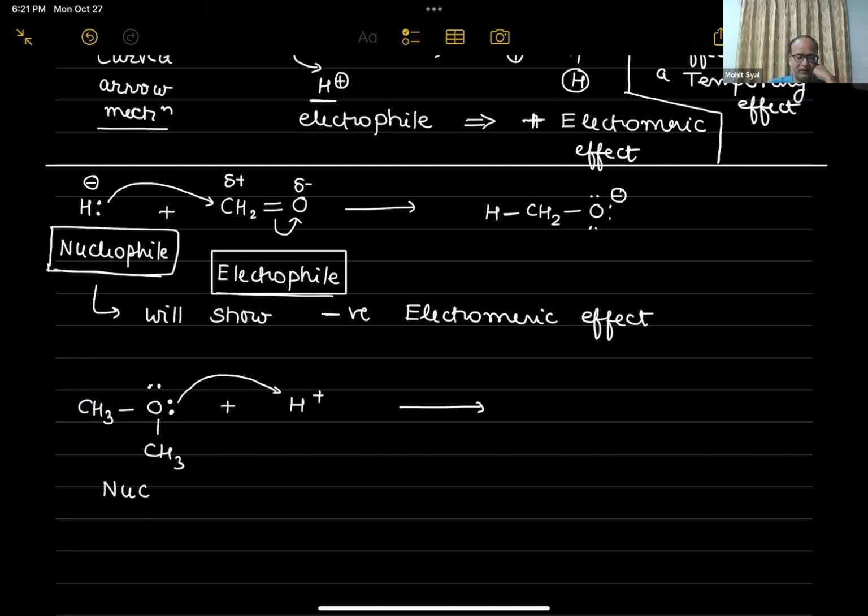Nabila, is this clear or not? And this is going to be an electrophile. So what will happen after that? But there is no double bond, so this is not an example of electromeric effect, but this is an example of an electrophile and a nucleophile, CH3.